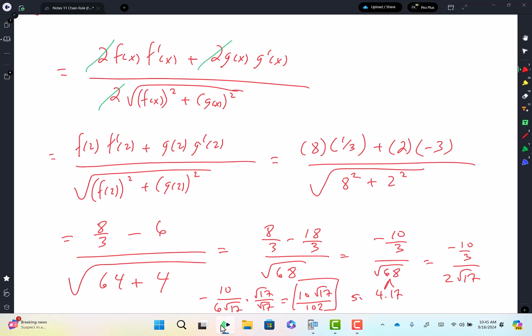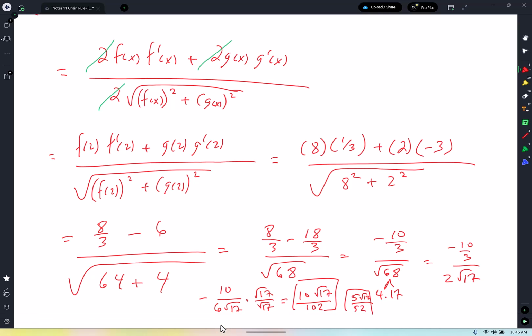That's 5 square root of 17 over 51. There. Done. And yes, it's negative. Unless I made a mistake. 17 doesn't simplify. The even numbers, 10 and 102. 5 over 51.